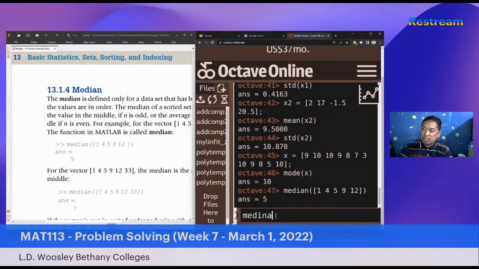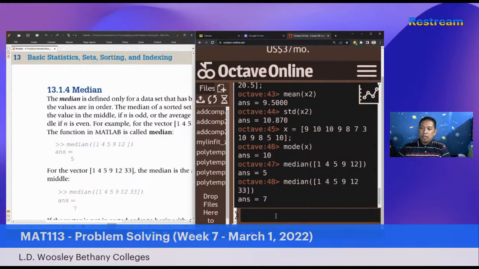For instance, median of 1, 4, 5, 9, 12, 33. Okay, so it will be 7 because it's the average of 5 and 9.